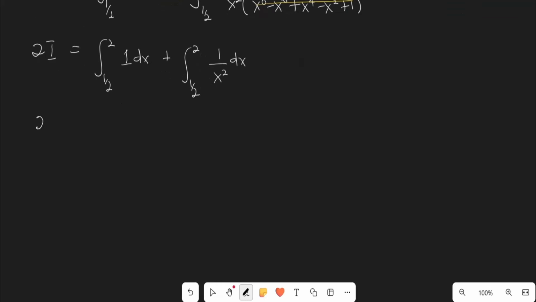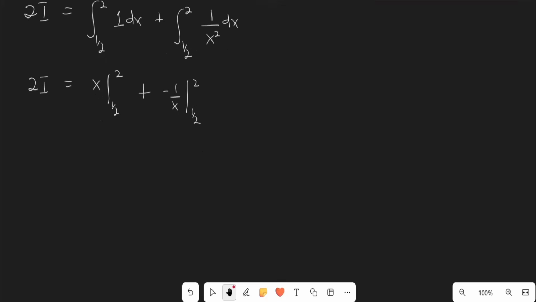Alright, cool. So 2I here is equal to, now integrating, x from 1/2 to 2, and integrating 1 over x squared gives negative 1 over x from 1/2 to 2. Now let's plug in the limits. 2I is equal to 2 minus 1/2 for the first one, and now this is negative, 1 over 2 minus 1 over 1/2.